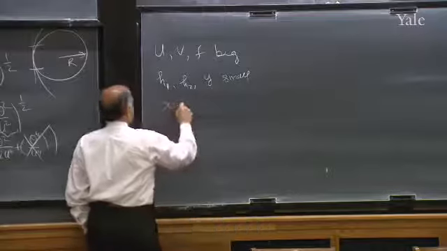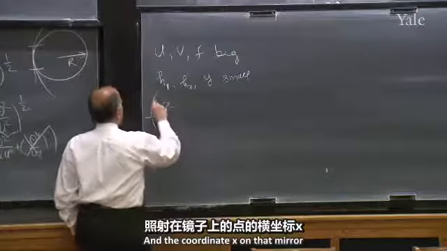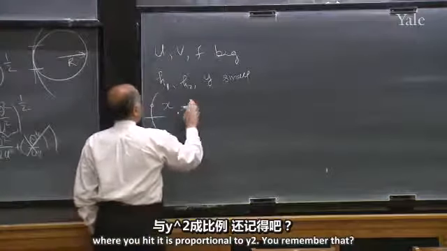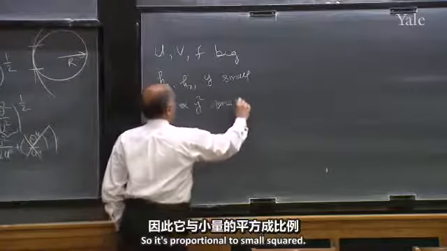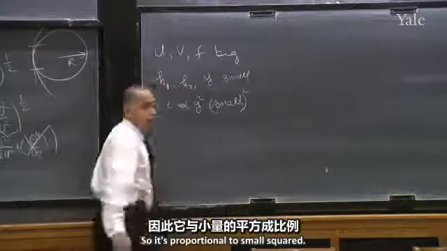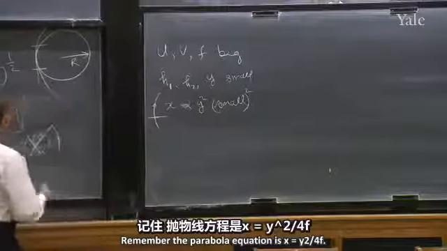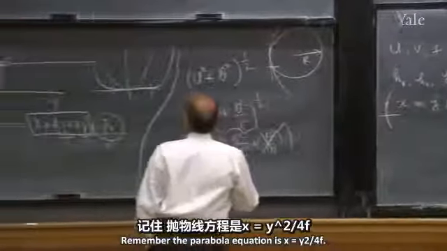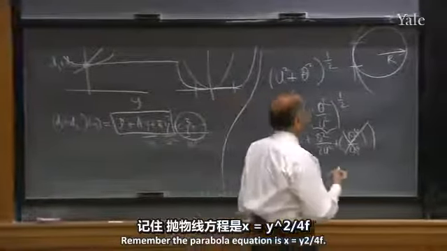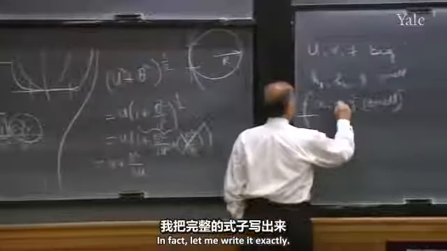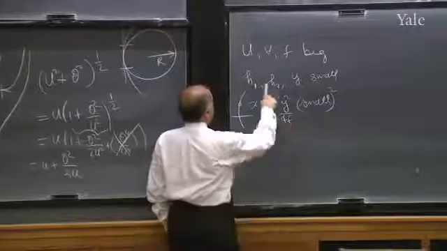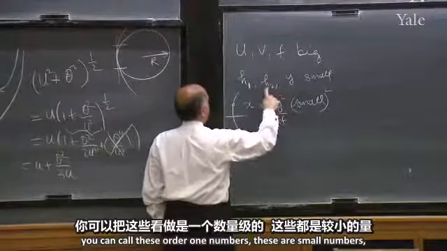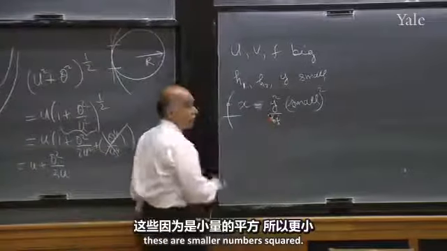And the coordinate x on that mirror where you hit it is proportional to y squared. You remember that? So it's proportional to small square. Remember the parabola equation is x is equal to y squared over 4f. In fact, let me write it exactly. You can see that f is an order 1 number, these are small numbers, these are smaller numbers squared.